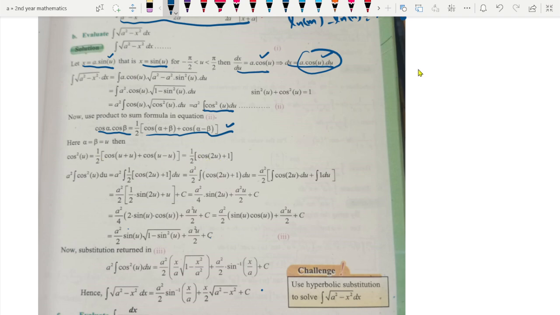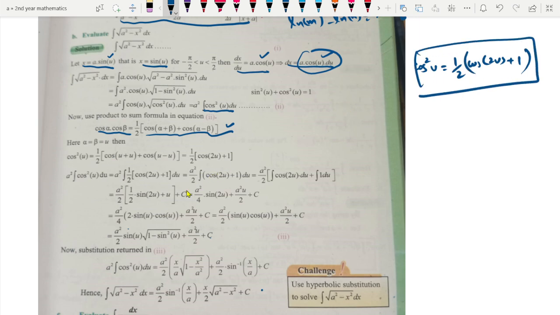So cos² u is equal to 1 divided by 2 times (cos 2u plus 1). Putting in the values, we will get this.